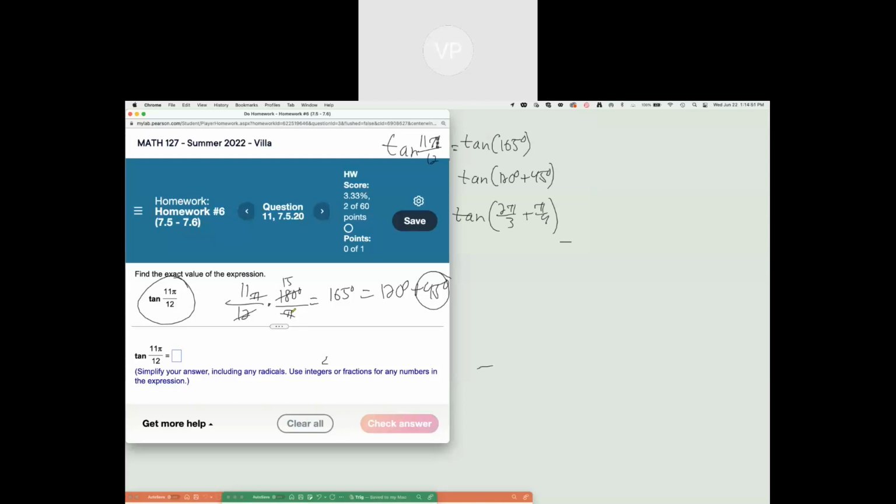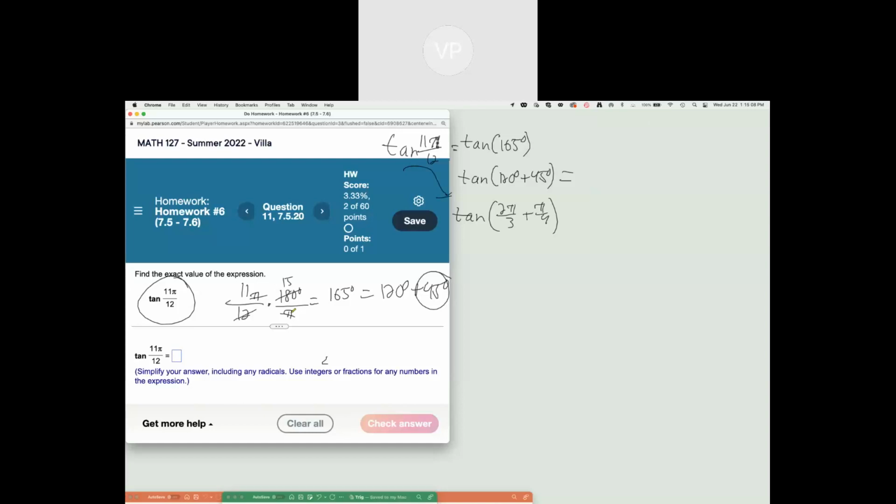It doesn't matter. All these are going to work, but this is kind of the long way to get to that one right there. As long as you apply the formula and do it right, you're going to get this answer.